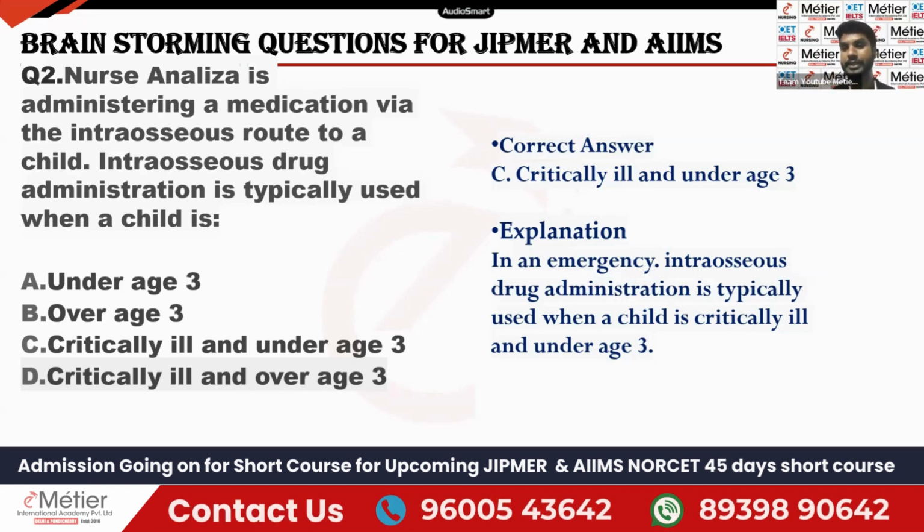So it's very much an emergency. It's mainly used in emergency situations. Typically when a child is under age 3, we want to administer the medication very rapidly, when you are not able to detect the veins. Because under age 3, in a child who is critically ill, we cannot detect the veins easily. So that is why the correct option is option C.